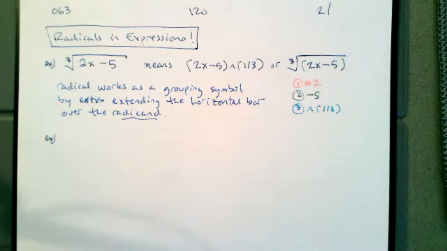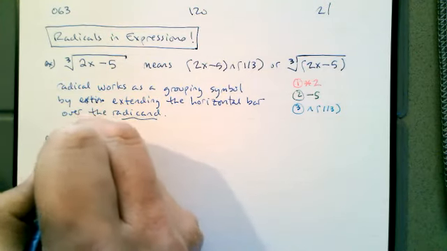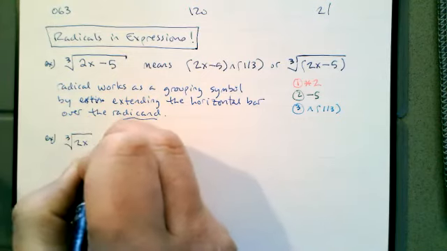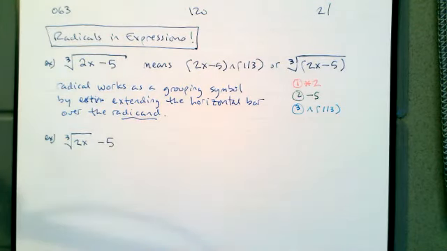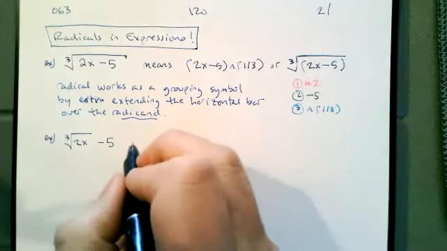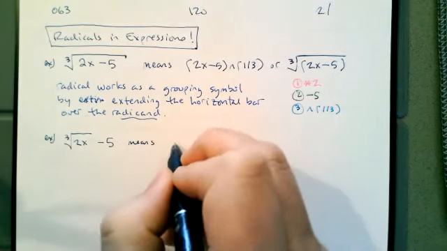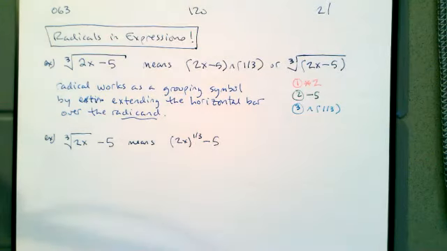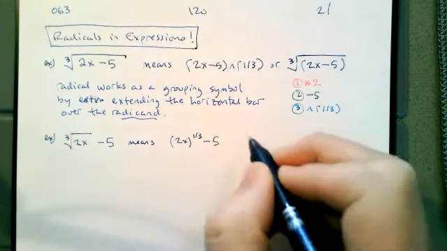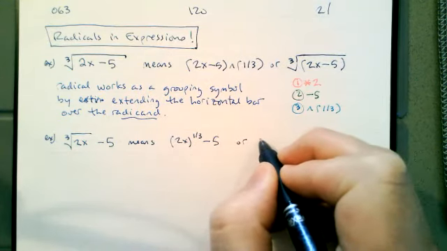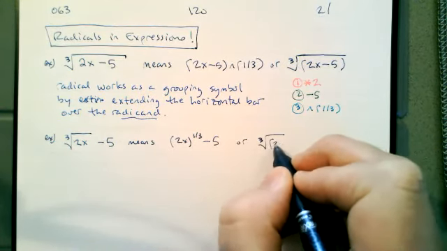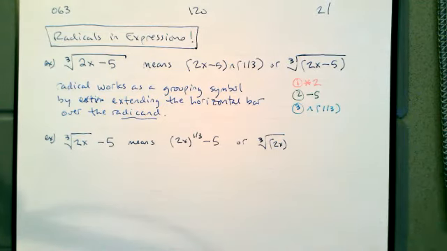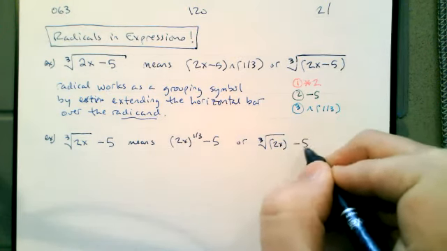As opposed to an expression that looks like this, cube root of 2x minus 5. Here, the radical extends only over the 2x, and so this one means only the 2x is being raised to the 1/3 power. If we want to write this with parentheses, because we want to increase our clarity, we could put the 2x in parentheses and really indicate that only the 2x is being raised to the 1/3 power, and then we're subtracting 5.